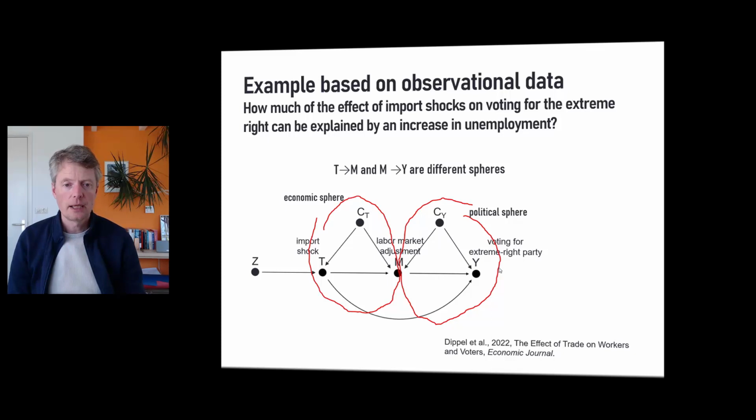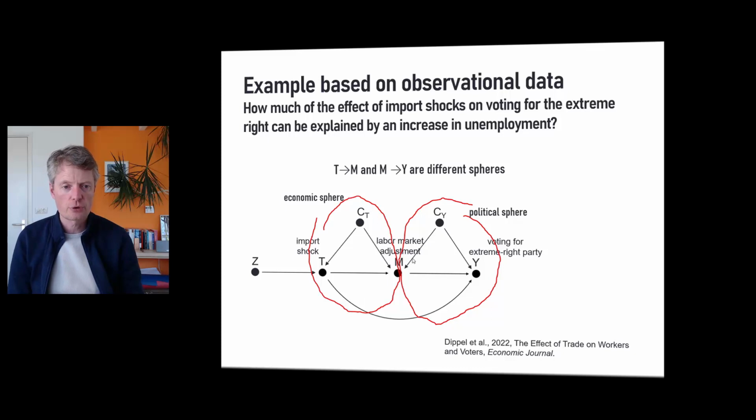They are able to attribute part of the total effect of import shocks on voting for extreme right parties to a specific mediator, namely labor market adjustments, and it all works by way of unemployment.